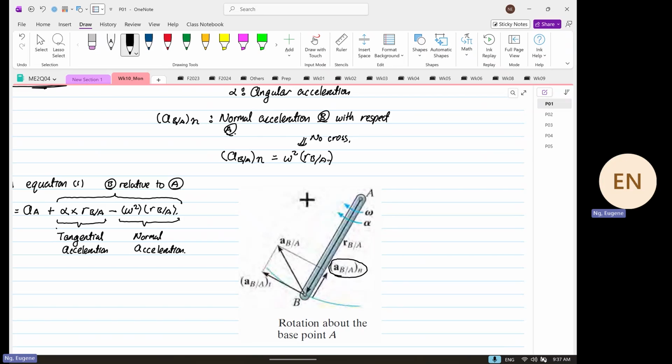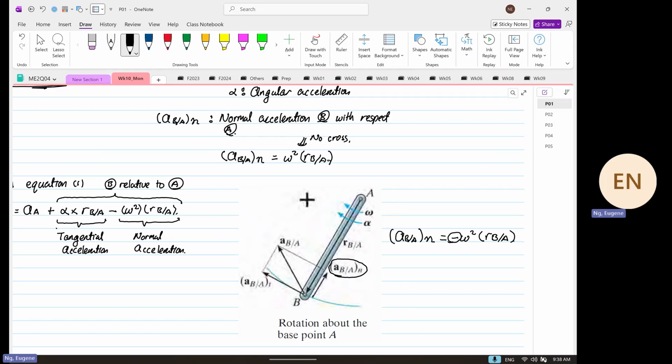We have A_B, the acceleration of point B relative to point A in the normal direction. Now this will be equal to minus omega squared R_B from point A. Why negative?